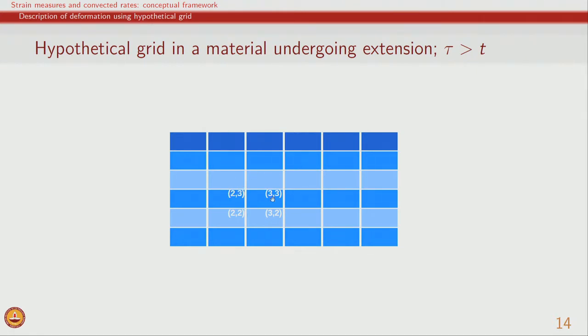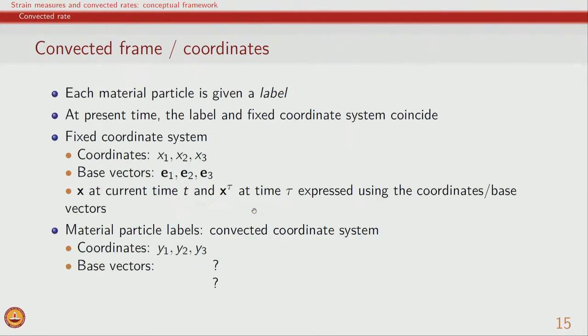But keeping these coordinates the same, what we have again done is embedded a coordinate system along with the material, and as the material deforms, the coordinate system also deforms. So, again if we are able to keep track of these coordinates and keep track of how the base vectors themselves are changing, then we can keep track of the overall deformation, and that will be called the convected frame.